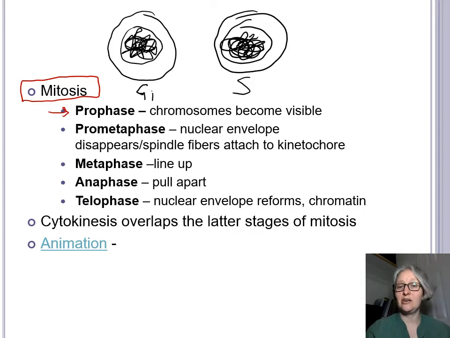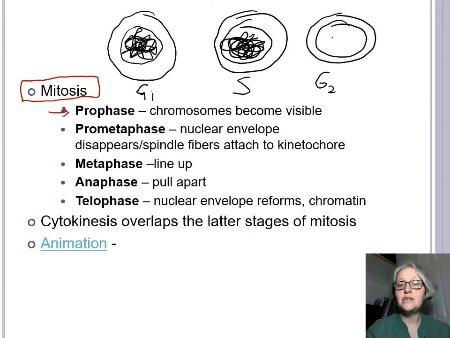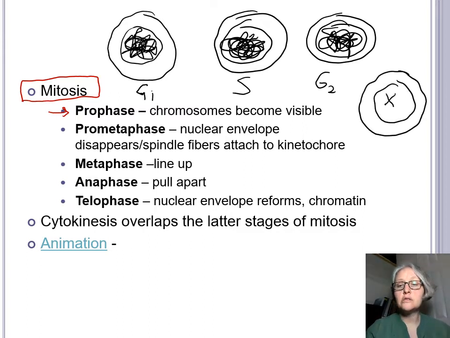But again, it's just in chromatin form. When we get to G2, again, the DNA is still just in chromatin form. What happens when we get to prophase is now when we look at that cell, we're going to start to see duplicated chromosomes appearing.